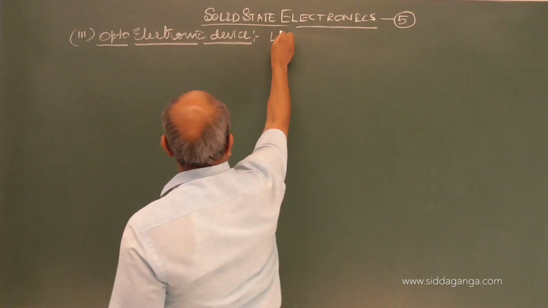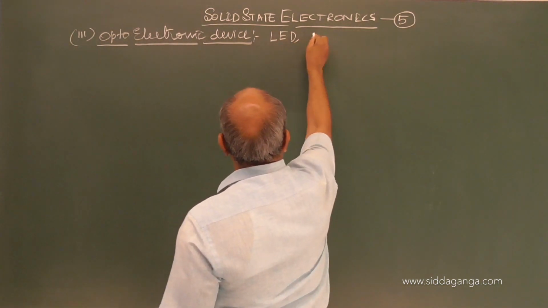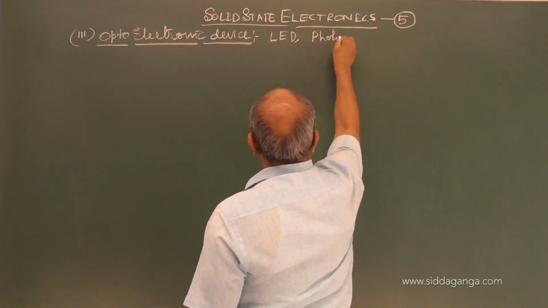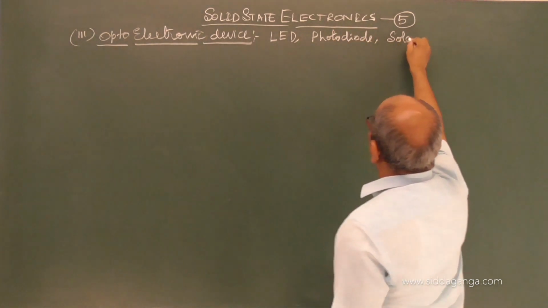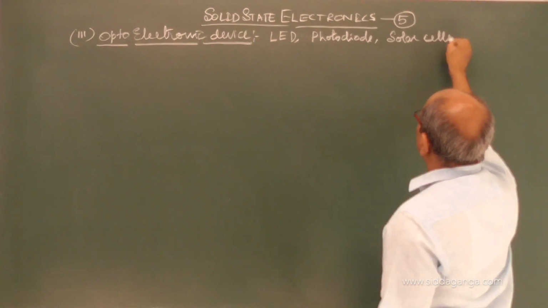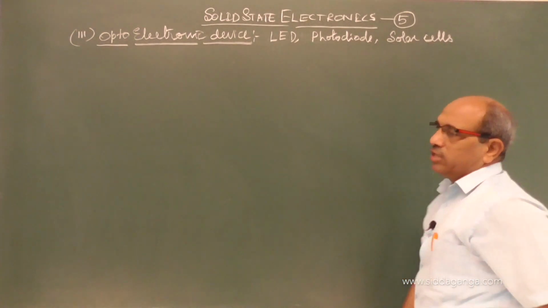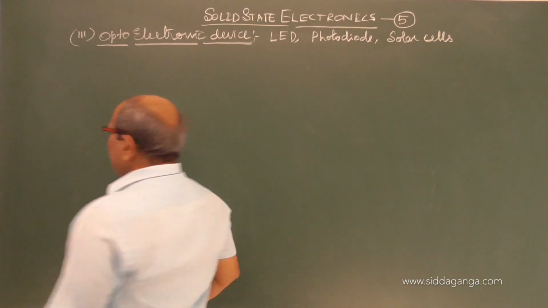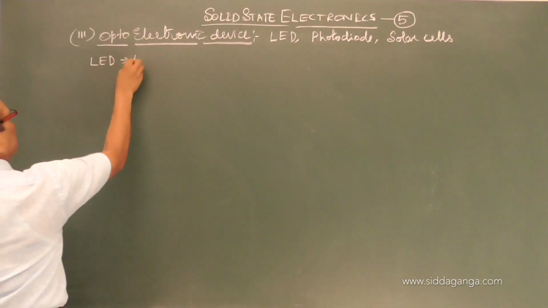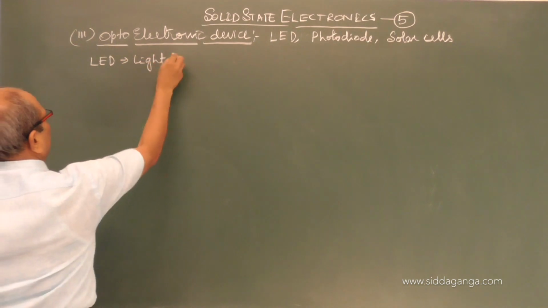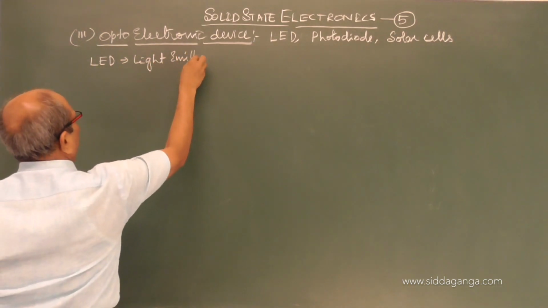In this we discuss LED, photodiode and solar cells. The three applications we have to see. LED, the expansion of this is light emitting diode.